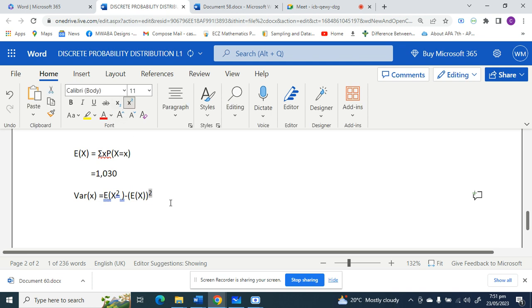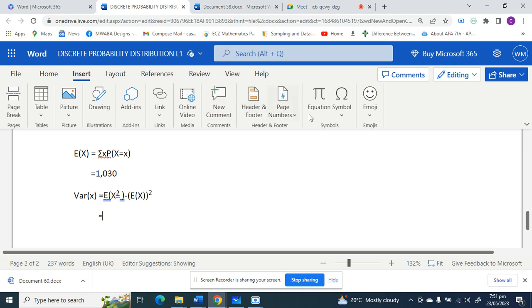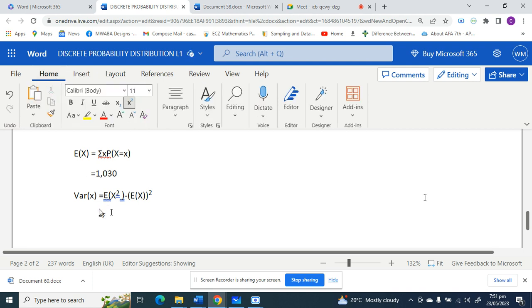Meaning, you're going to get the total figure when you square our random variable X and you multiply it with its probability, then you would subtract that total value from the mean when you square it.